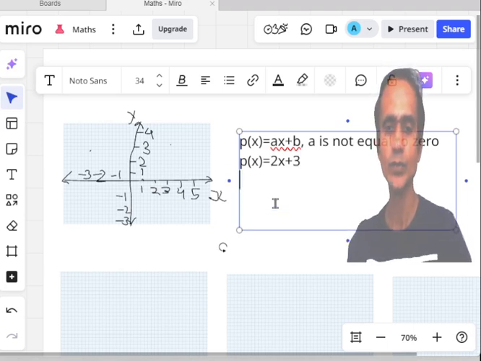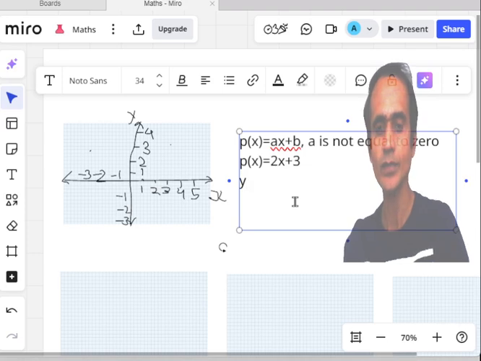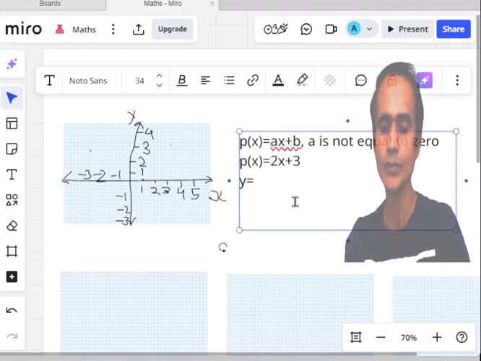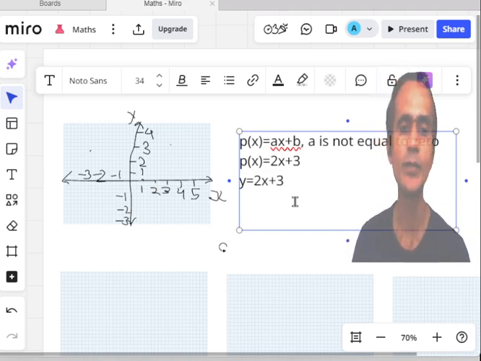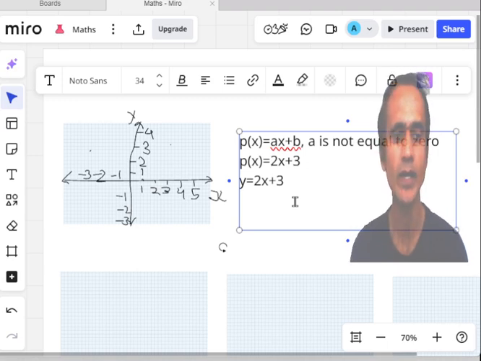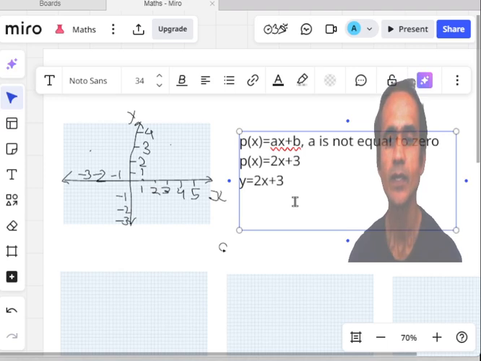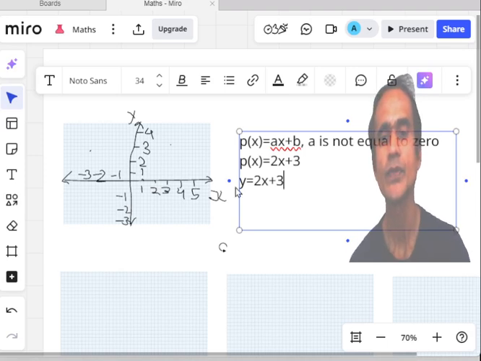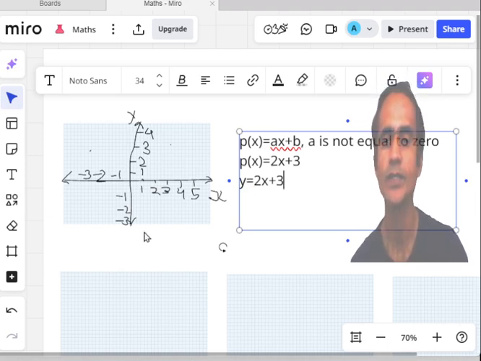It is p(x) equal to 2x plus 3, or y is equal to 2x plus 3. So we have replaced p(x) by y for the purpose of graphing, because in the coordinates we have x and y, so that we can plot x and y on this coordinate.